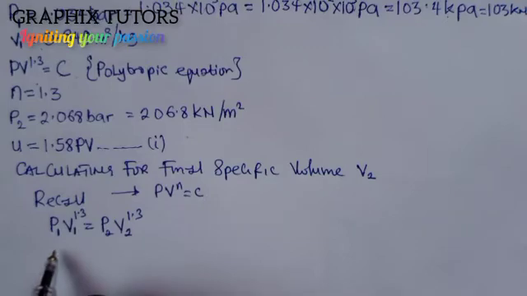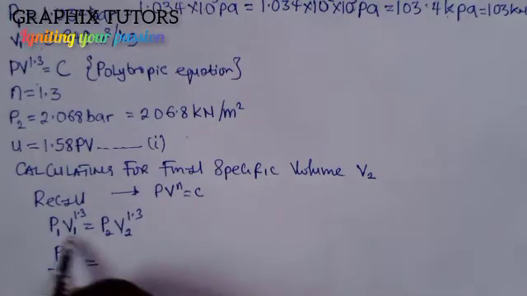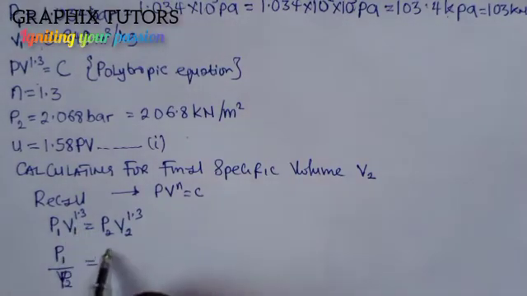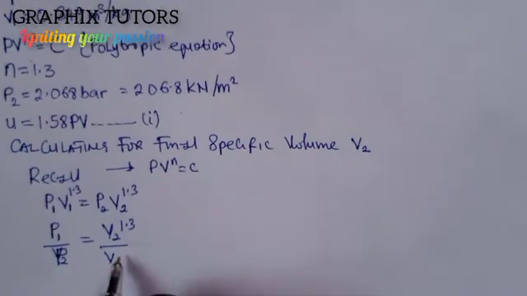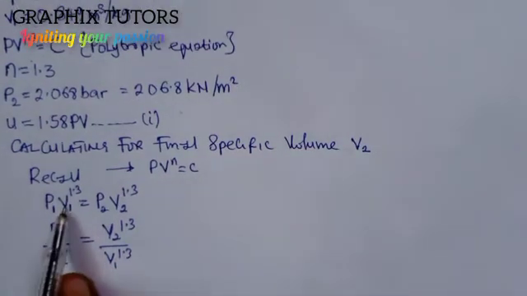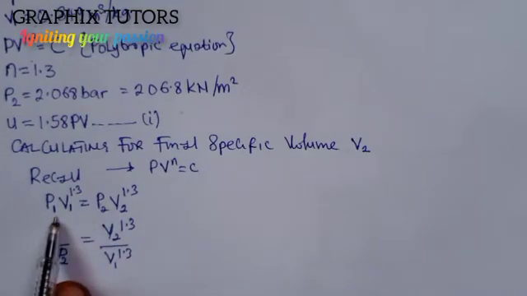So I have P1 over P2 equals, if I divide both sides by V1, V2^1.3 over V1^1.3. This is what we have. So I took this down here and I took this down here.